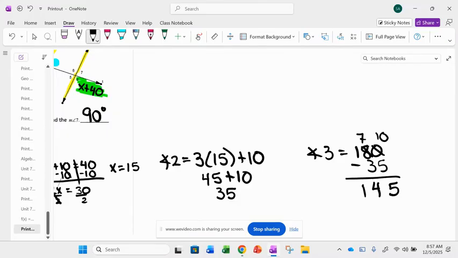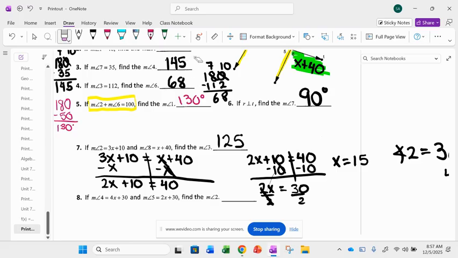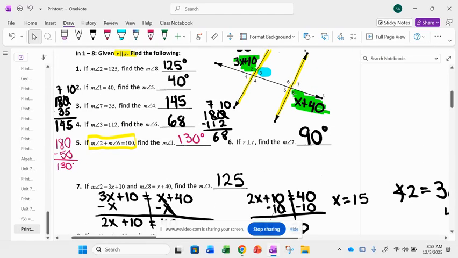How'd I mess that up? So this is 125. Does that sound better? Sorry. All right, so angle 3 is 125 degrees. Oops, it says measure, so we don't need the degrees on all of these.